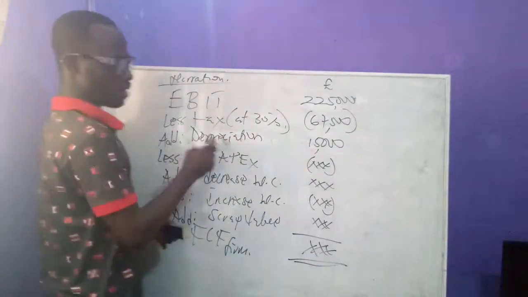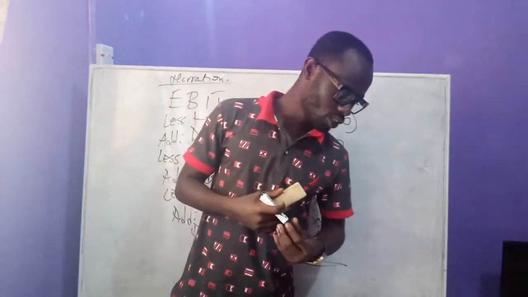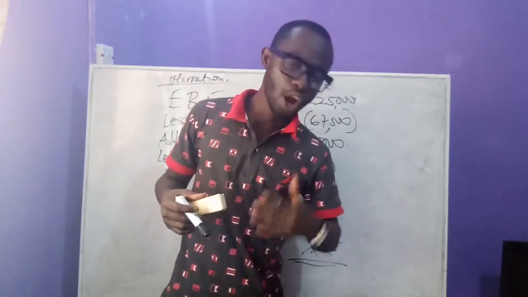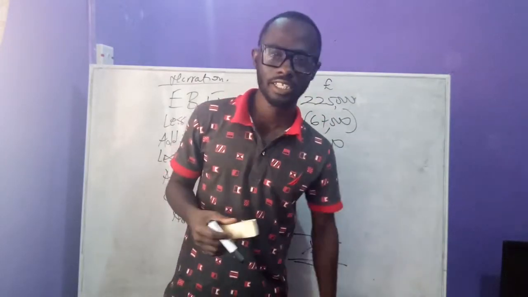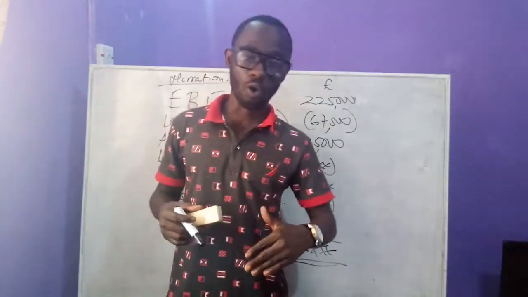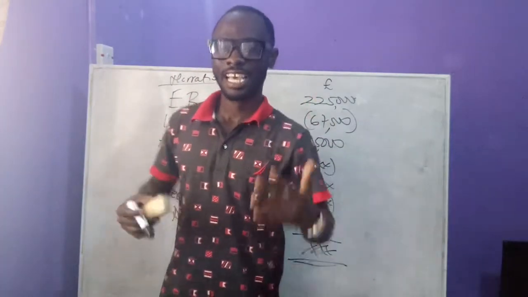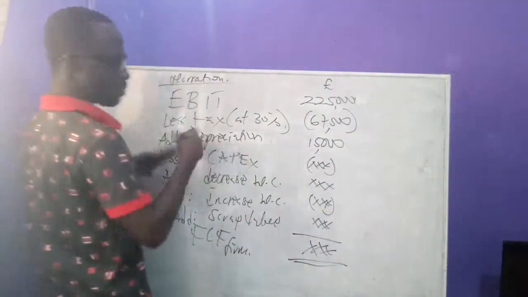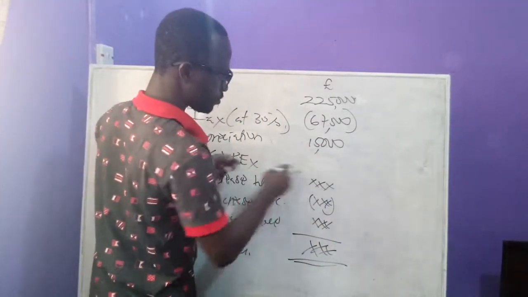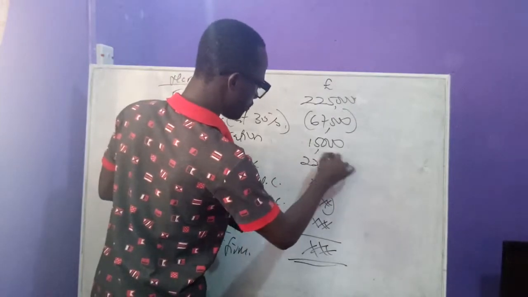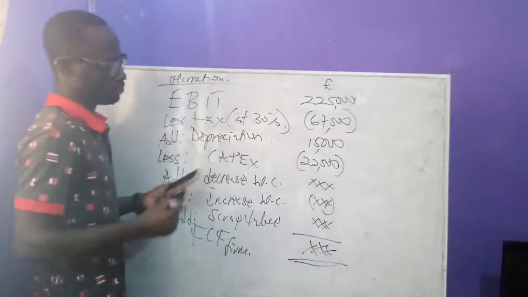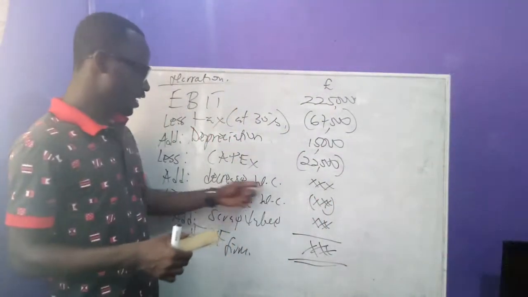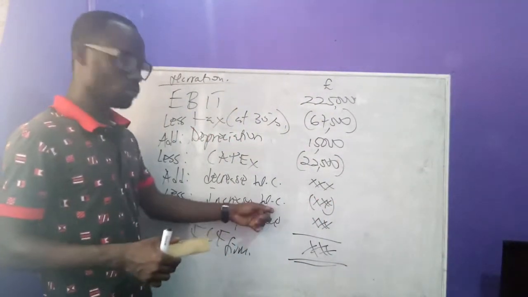Then we said less capital expenditure. We are told that the company needs to invest 22,500 to acquire non-current assets. That is a capital expenditure. So we less capex, 22,500. So we subtract it. Then from there we say add a decrease in working capital or less an increase in working capital.